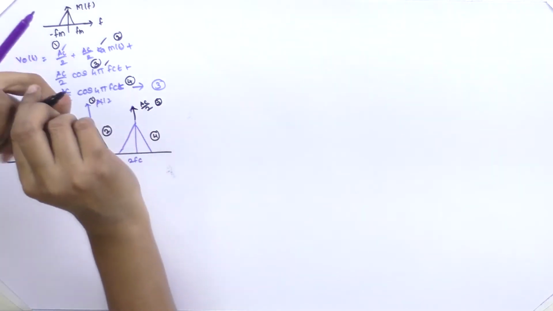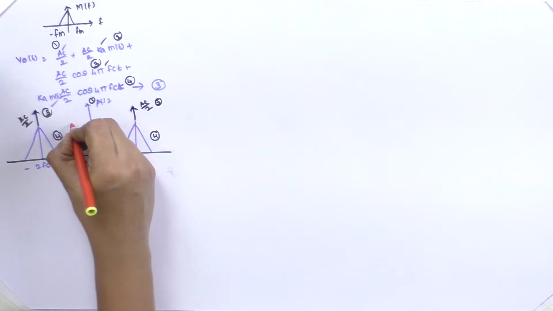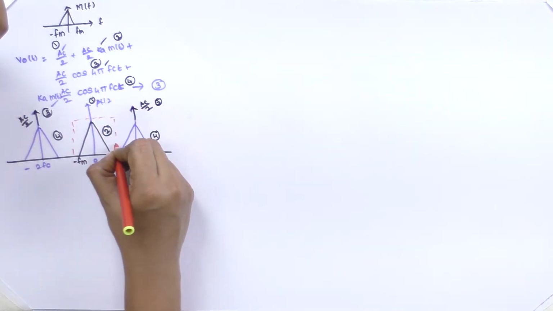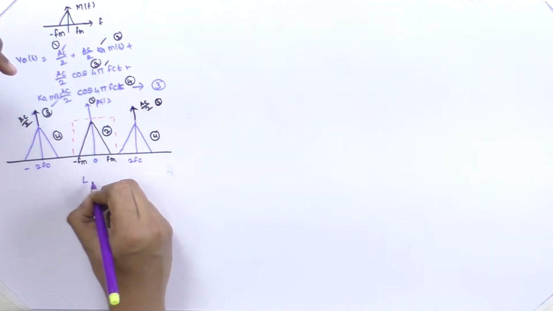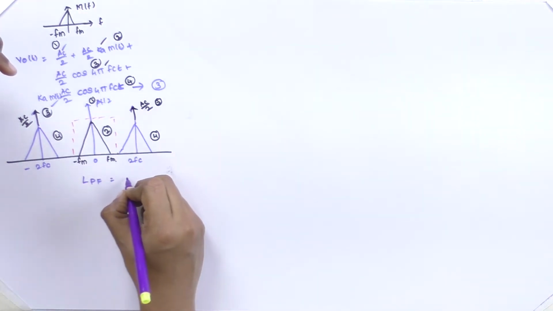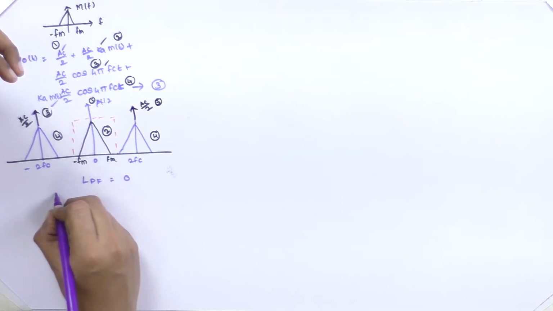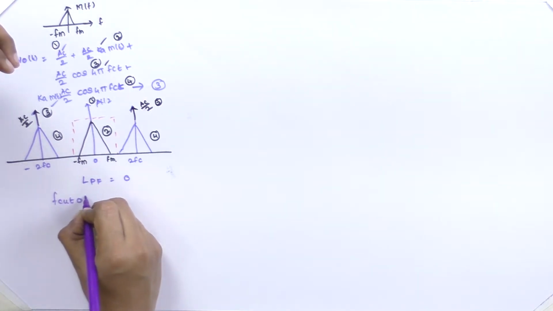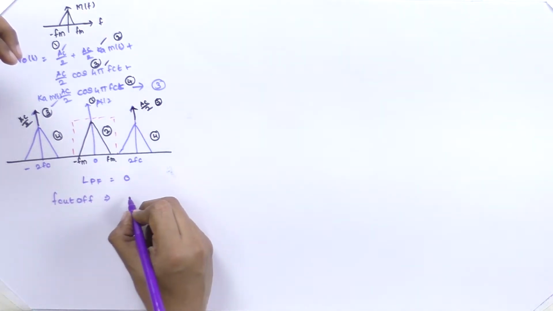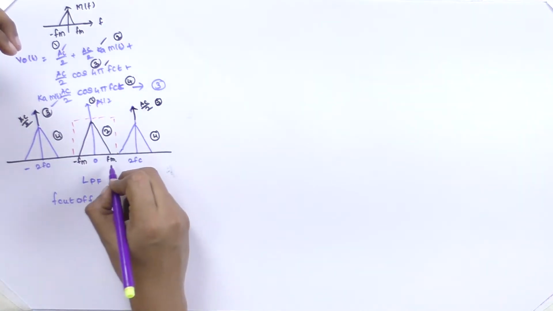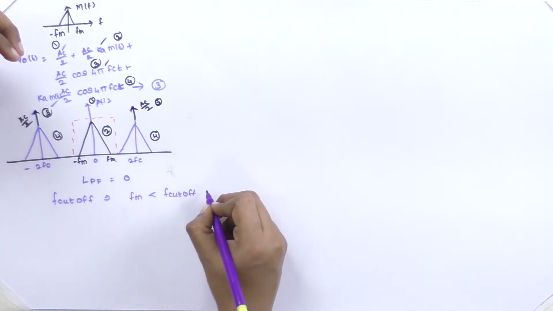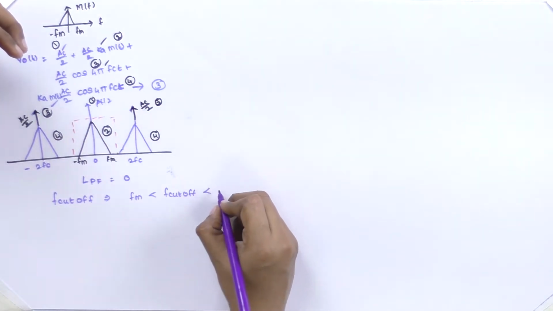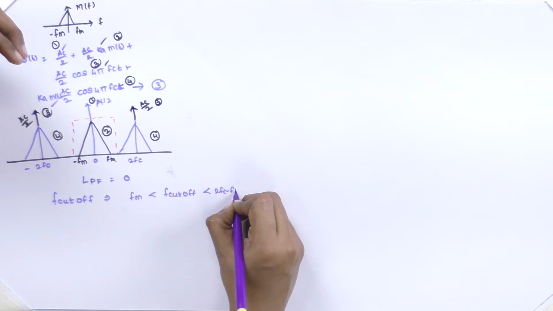And here our low pass filter cutoff frequency will be centered around here. Therefore, the low pass filter's center frequency is equal to 0, and then the cutoff frequency of the low pass filter must be: Fm must be less than f cutoff, and it must be less than 2 fc minus fm.